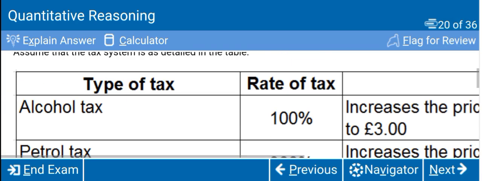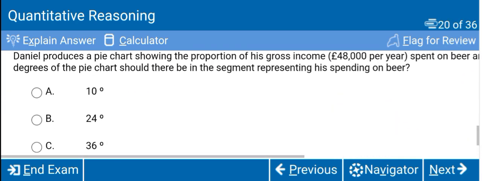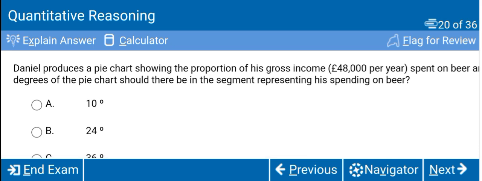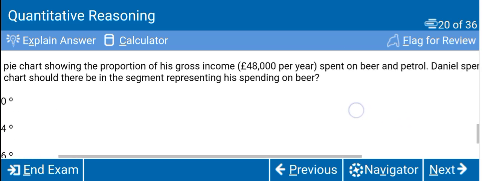So the question is, Daniel produces a pie chart showing the proportion of his gross income, that is 48,000 pounds per year, spent on beer and petrol.